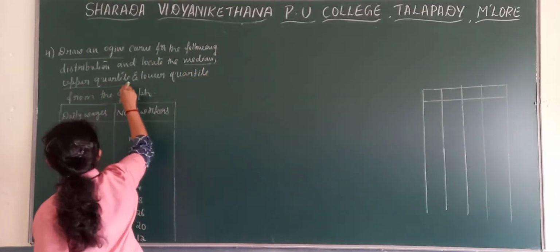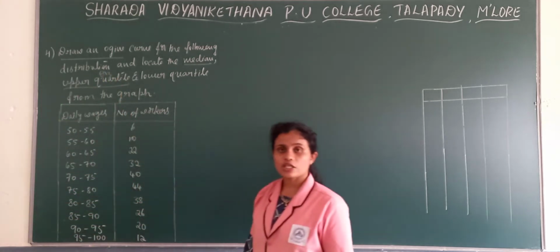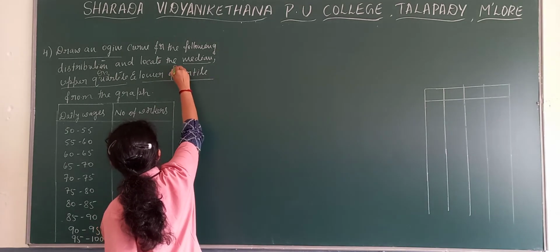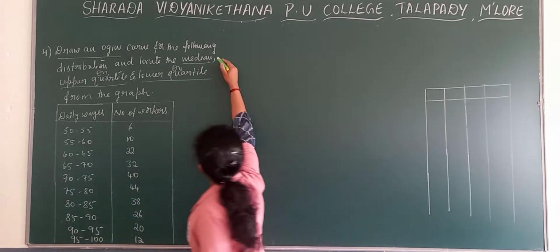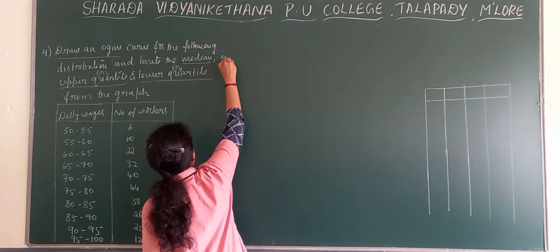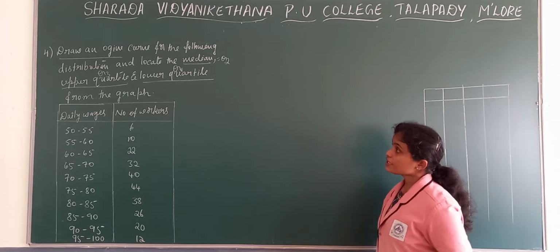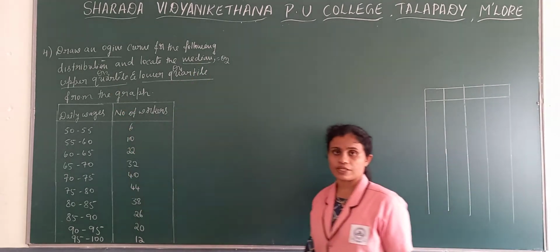Then the upper quartile. What is the upper quartile? That is Q3. Then the lower quartile, that is Q1. We need to locate Q1, Q3 as well as the median. Median is also called Q2. So we need to locate the median, then the upper quartile and lower quartile.